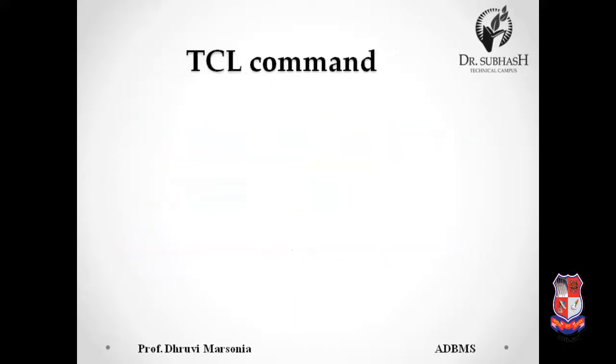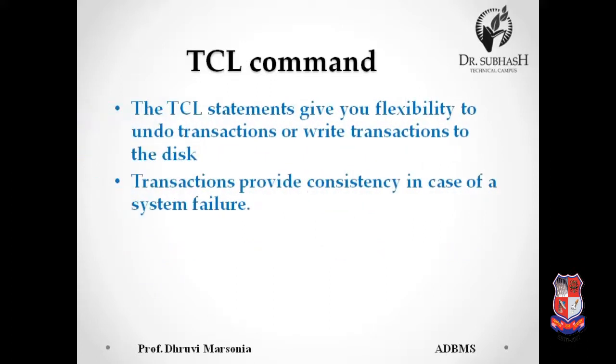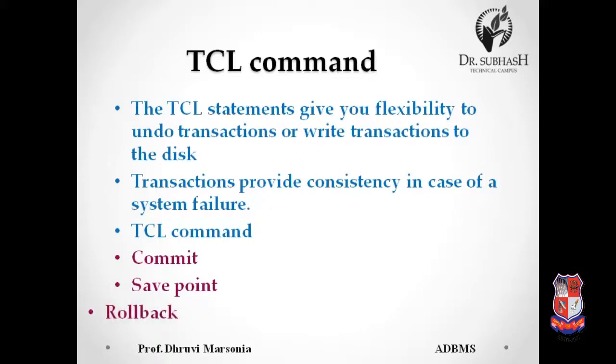Next we go to which types of TCL command are available in database. There are 3 types of TCL command: commit, save point, and rollback. TCL commands give the flexibility to undo or write the transactions to our permanent disk.